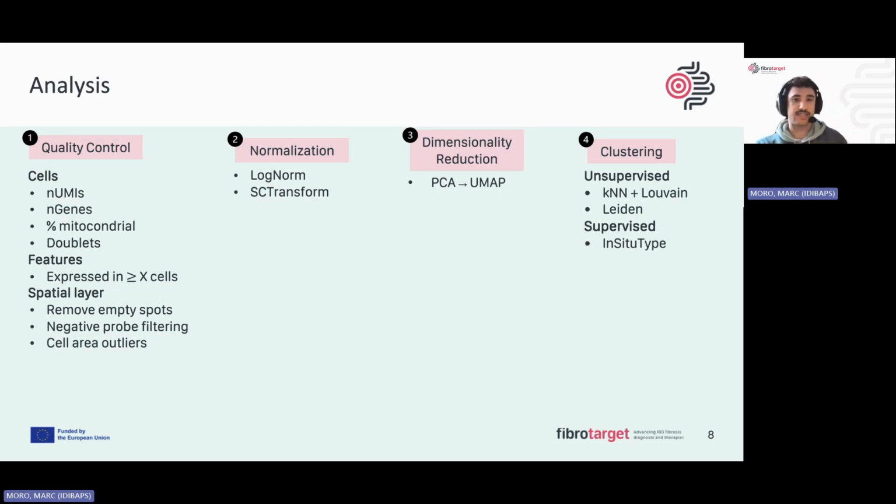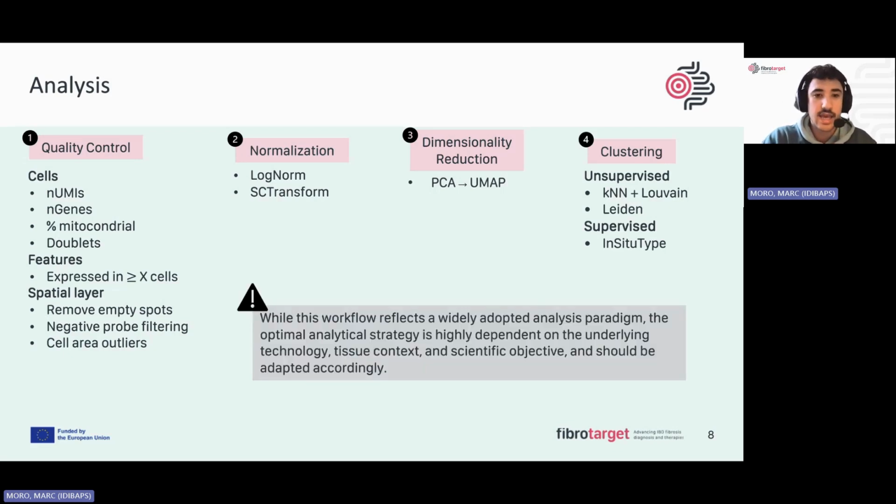And once we have simplified our data, we can perform clustering. This can be unsupervised, where we ask the computer to group the cells that look similar, or supervised, where we tell the computer what to look for. And this basically helps us identify cell types that we are going to talk about in the following slides.